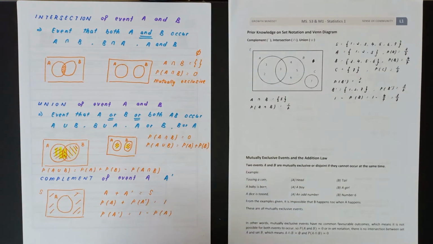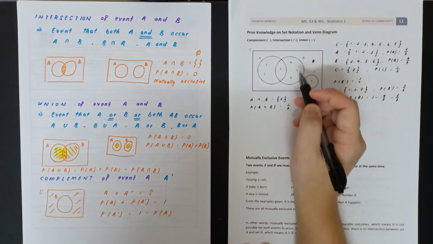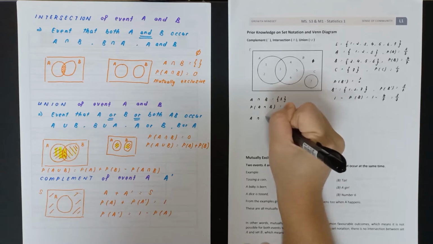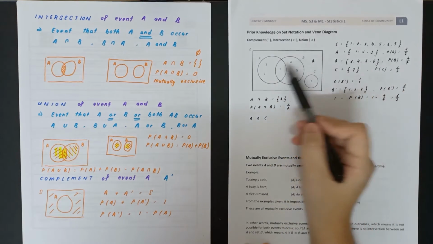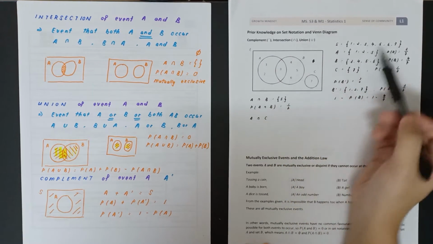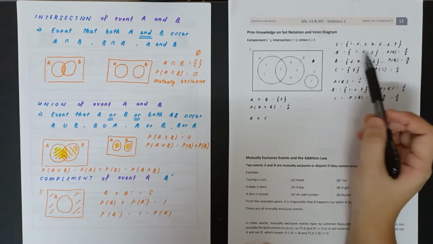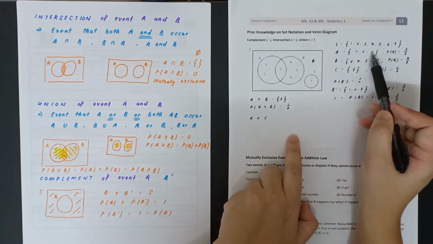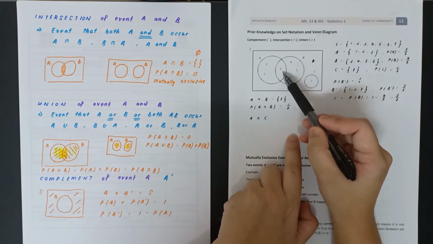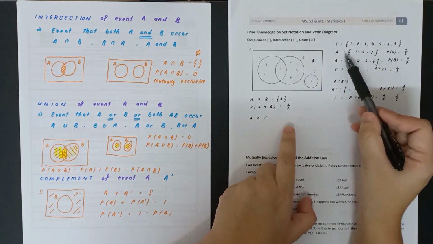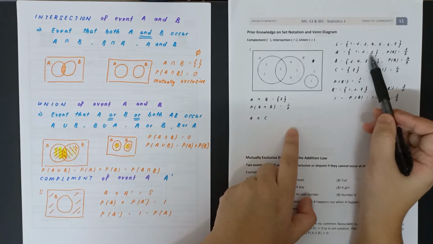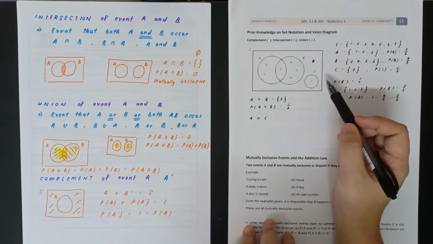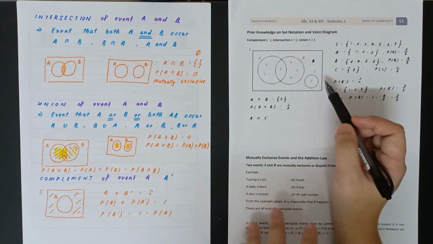Now let's see, what if I want to find the intersection between A and C? A is here and C is here. When you look at the numbers, for A intersect B, the common one is 3 and 3, so it's the 3 in the middle. Now if A intersects with C, 1, 2, 3 intersect with 7, do you have anything in common, that A happens and C happens also?